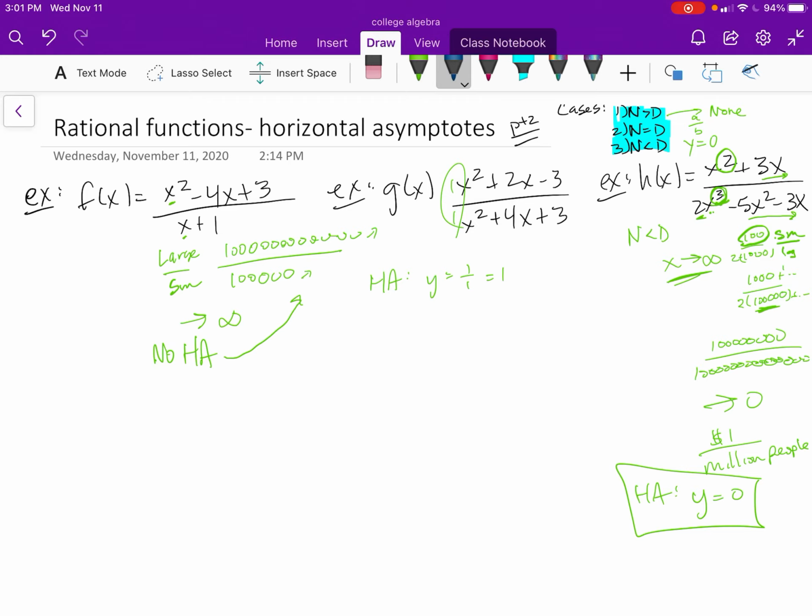Here's what an oblique asymptote means first off. So an oblique, O-B-L-I-Q-U-E asymptote, it's not horizontal, it's not vertical, it's like a line, right? If I were to have a graph and I graphed a line as an asymptote, so how is that possible?